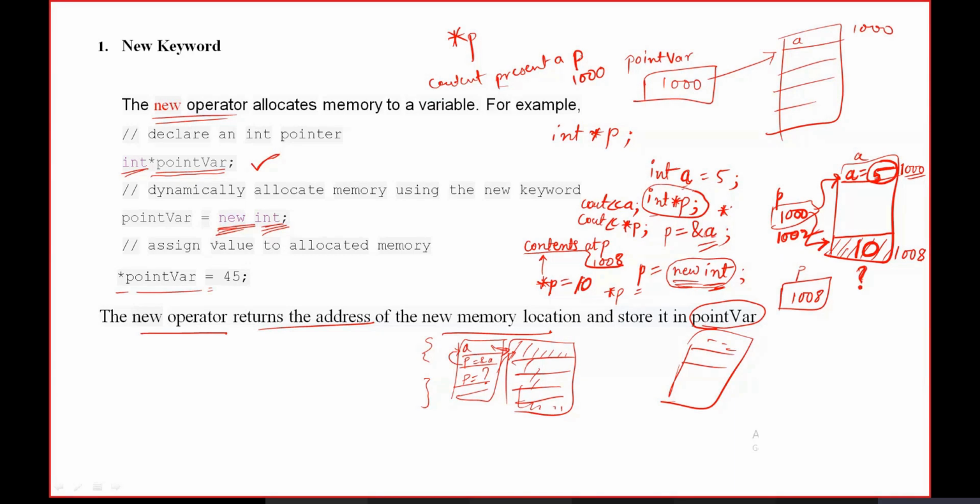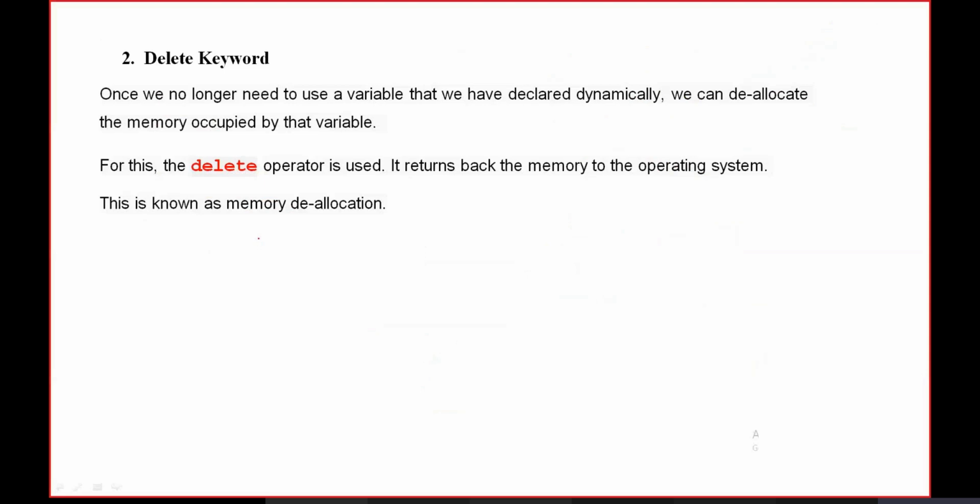So the memory which is allocated dynamically should be deallocated explicitly, right? So the use of the delete operator is to do the same. Whatever memory is reserved, we are able to deallocate that memory with the help of the delete operator. Fine.